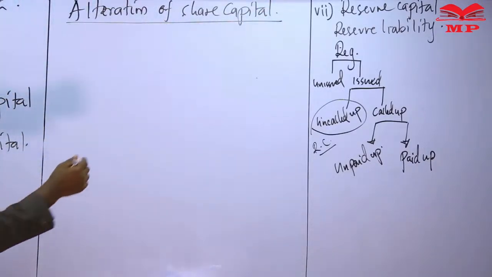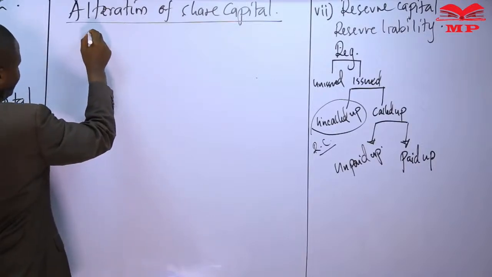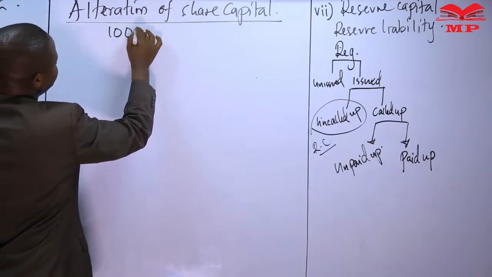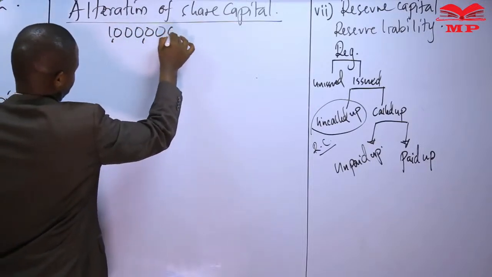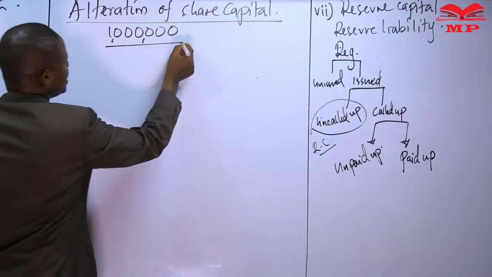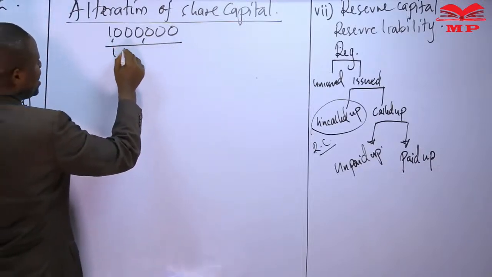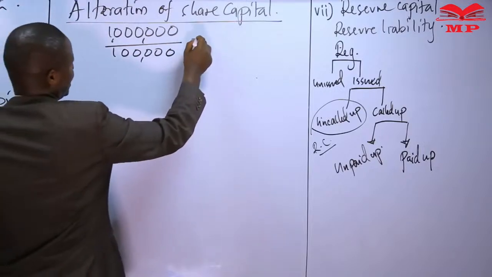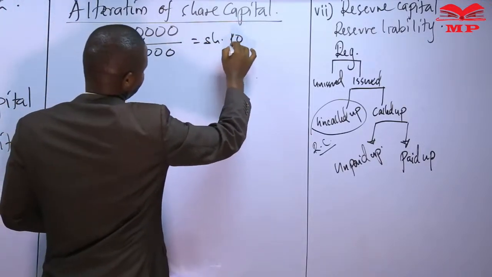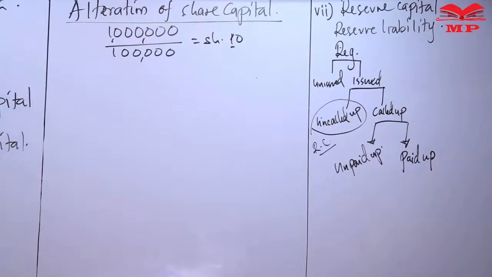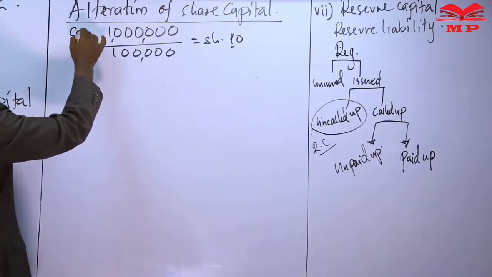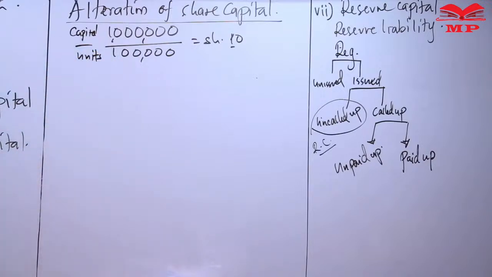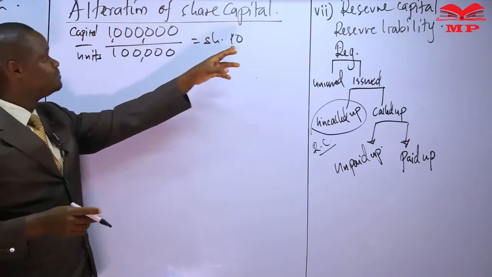Now, if a company would have this sort of scenario, that we have been registered with a capital of 1 million, let that be million Kenya shillings, and that 1 million Kenya shillings is divided into 100,000 shares, where the value of a share would be shillings 10, this being the capital, and these are the units that the capital is divided into, then this is the value per unit.